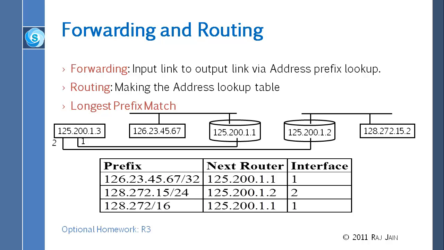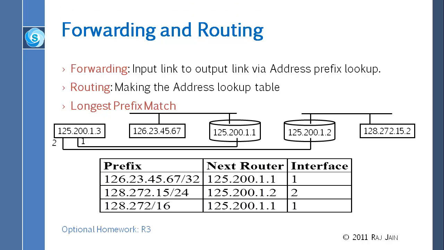Okay. And so the table will say if the prefix is this, then the next router is that, and the interface is this. So let's see. We are talking about the next router being this. So we are here, and if we find that some packet's address matches this one, then we have to send it to this router on interface 1.